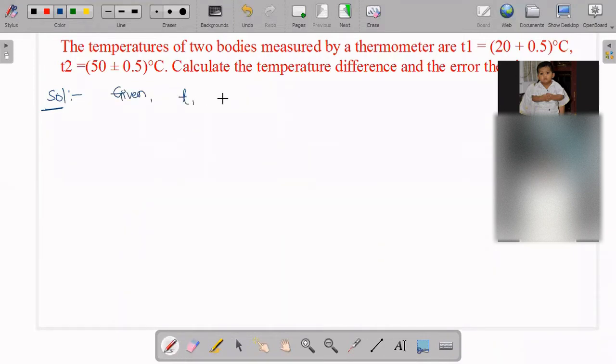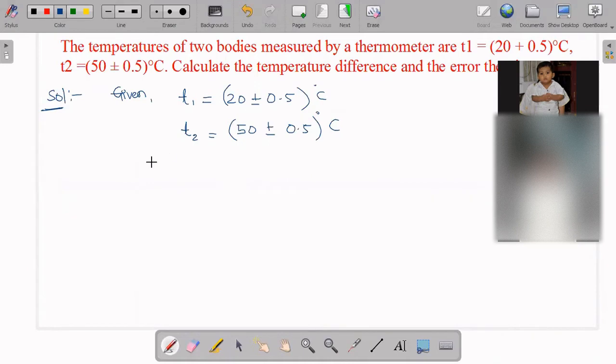T1 is equal to 20 plus or minus 0.5 degrees Celsius, and T2 is equal to 50 plus or minus 0.5 degrees Celsius. In both measurements, the absolute error is 0.5.